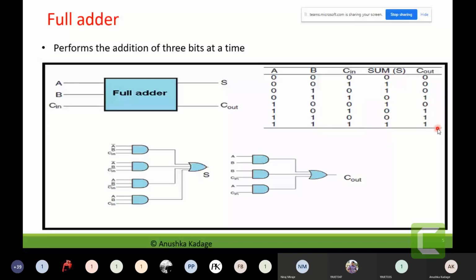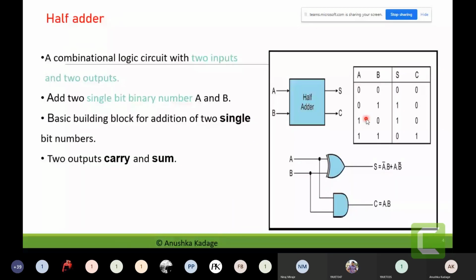What we are seeing is, for each of the output variables, we have to get the gate implementation done. In the previous case of the half adder, as we were having only 4 output combinations, it was very easy to know which gate behavior is present for implementation of that output variable.